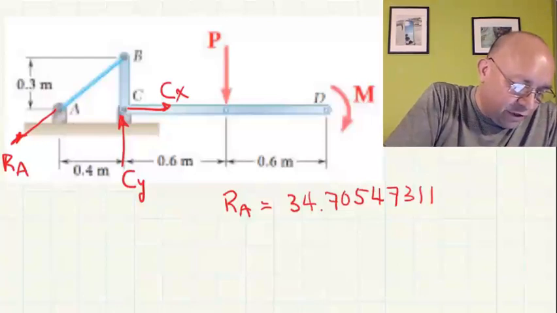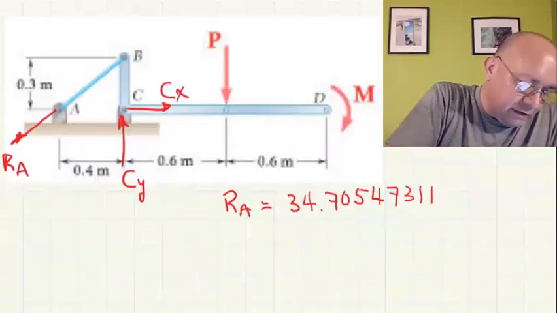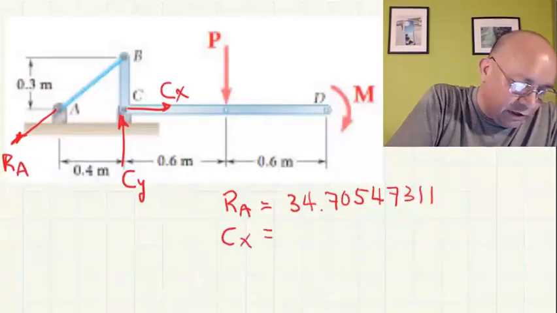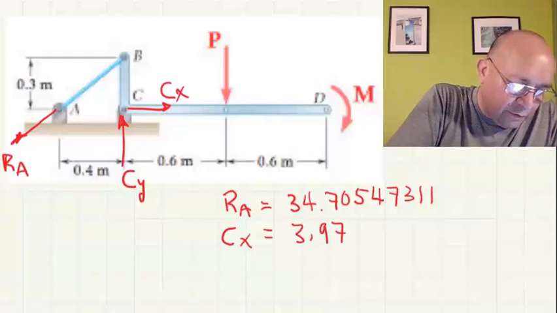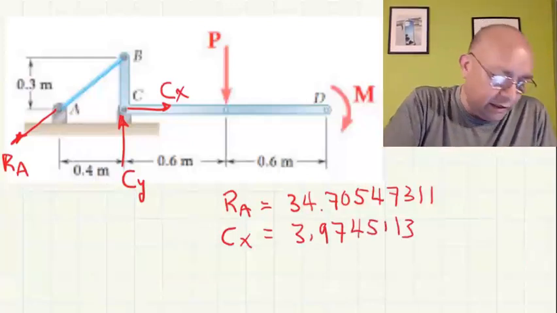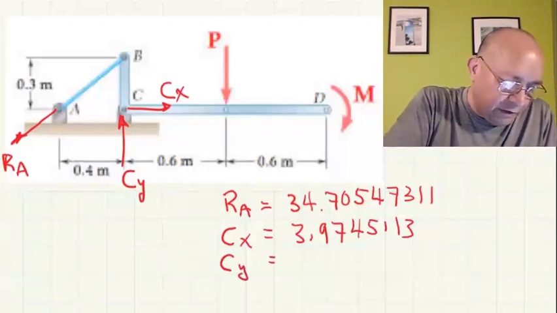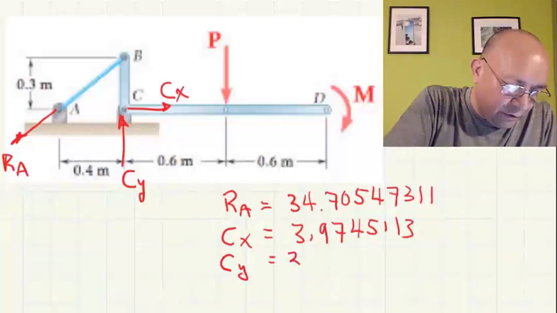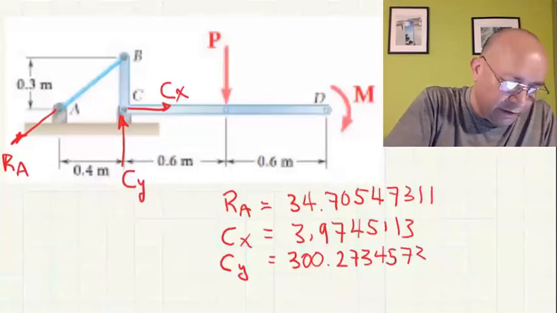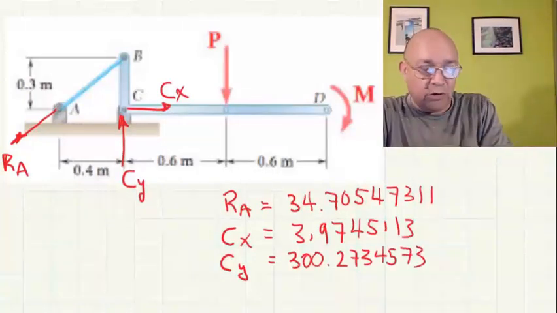Let's say that for CX, the calculator gives you 3.9745113. And for CY, let's say, 300.27345573. You got those results in your calculator.